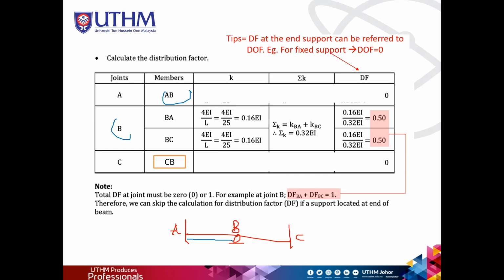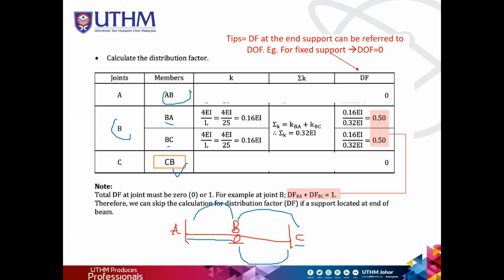While for joint B, B is located at the center, so it involves BA and BC. And the last one, joint C, we have CB.